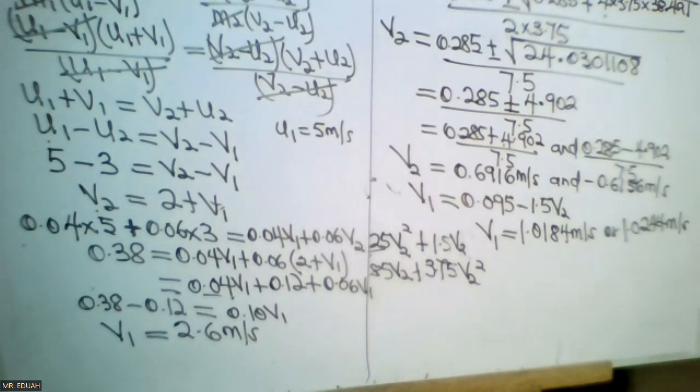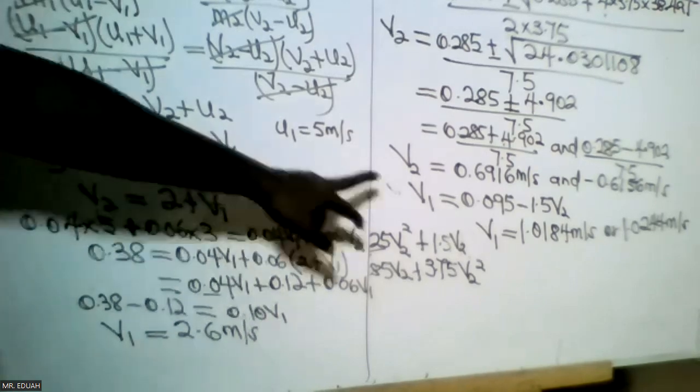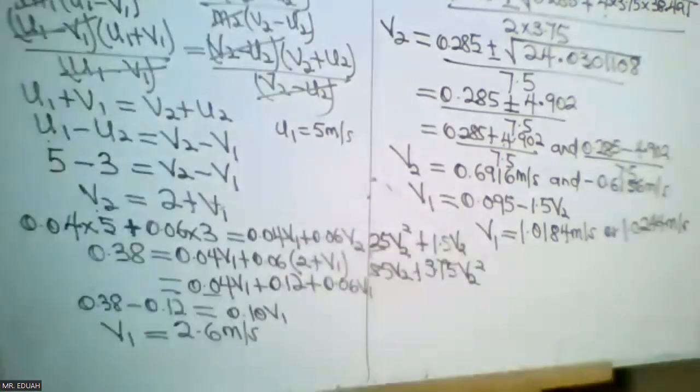None of the V1 values you had has this. So you do it again, but this is the correct one.